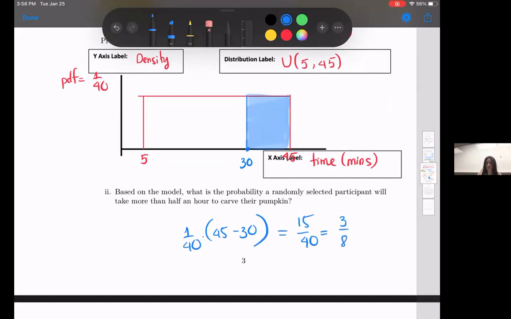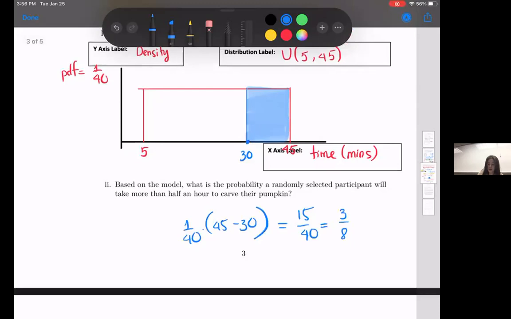You can give me a decimal or just leave it like that, it doesn't matter. But I'm going to deduct 1 or 2 points if you just give me that. I need you to give me the notation as well. So remember the notation for probability of a random variable x, does it be greater than or less than?